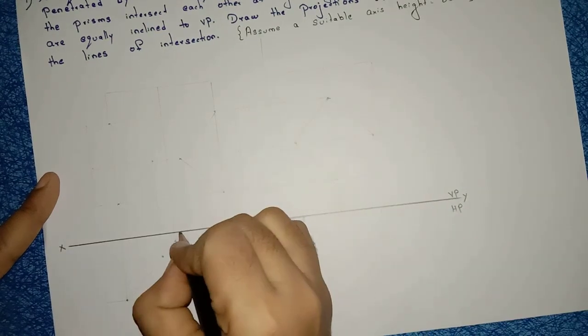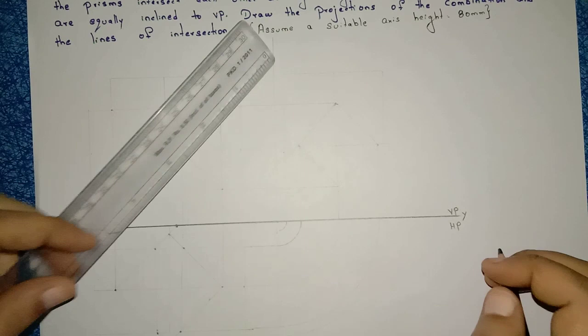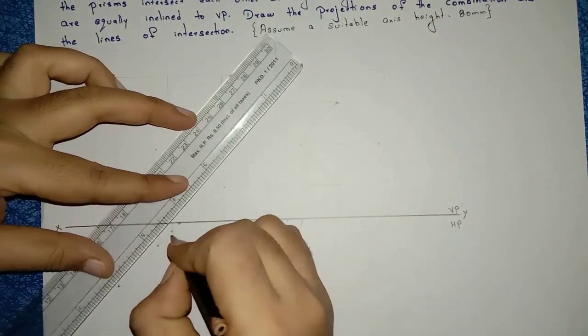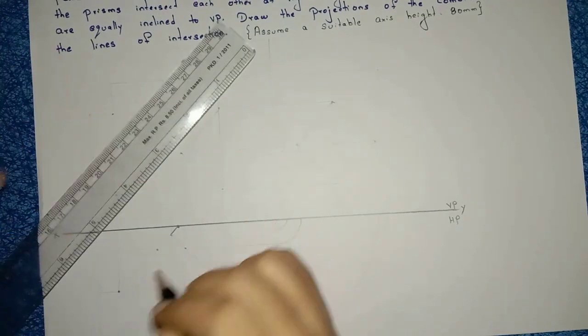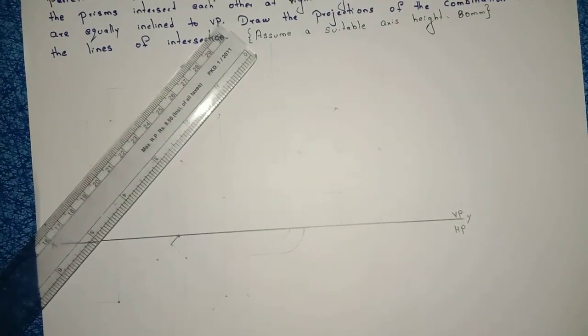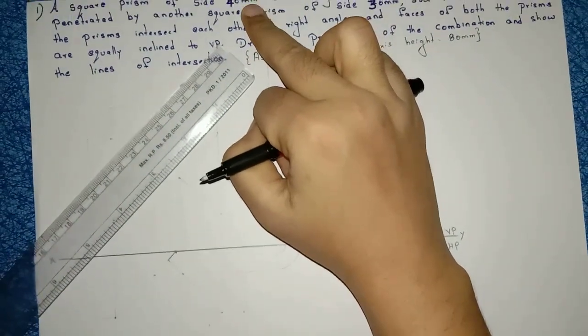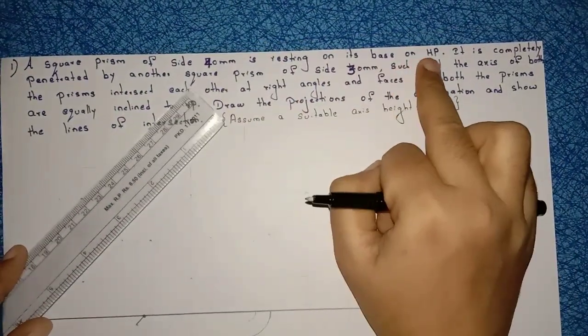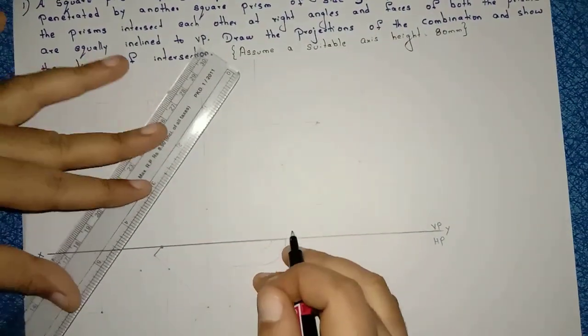Right, so mark any point on the reference line. First leave a 5 mm gap. Right, here they mention the length of the square is 40 mm. We are constructing the square of side 40 mm which is resting on its base on HP, so on HP only we are constructing the square.